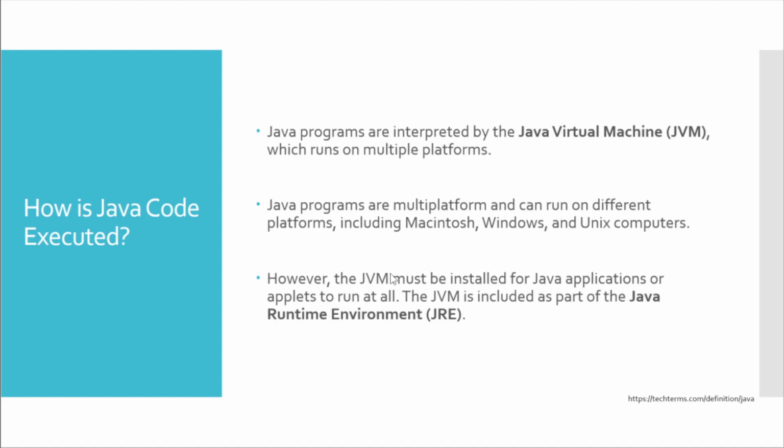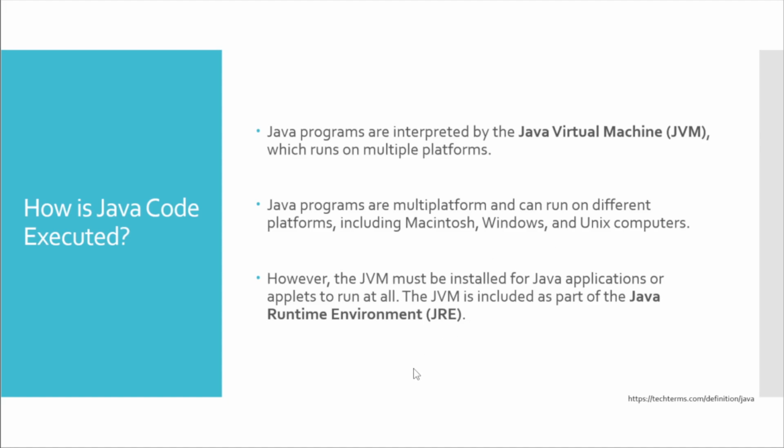Java programs are multi-platform and can run on different platforms, including your Mac, so your Apple products, your Windows, and Unix. In the example later, we will be installing Java in Windows. But in the laboratories, we will be using Unix computers, Linux, Ubuntu. So your Java code can run on Windows and also in Linux in the labs. Once you compile it, just make sure that the version is the same.